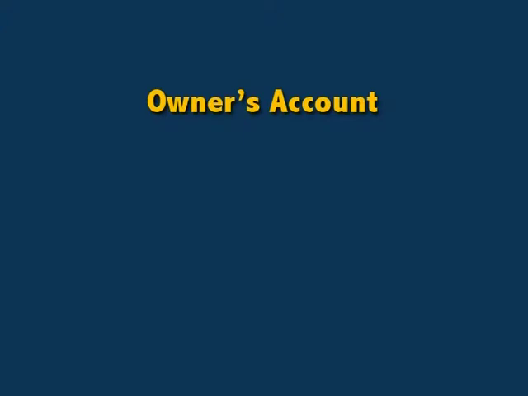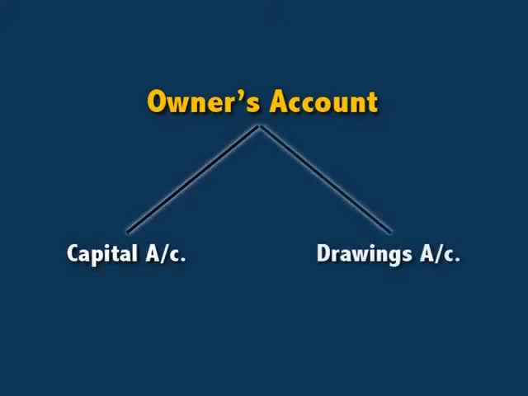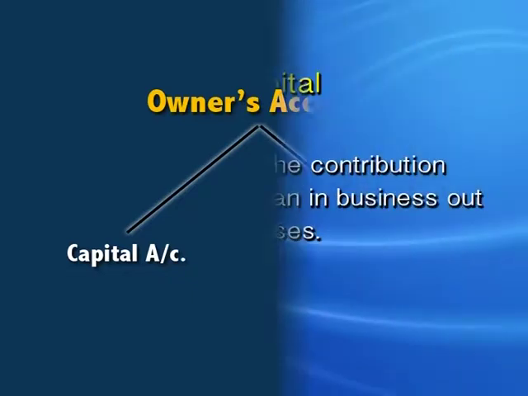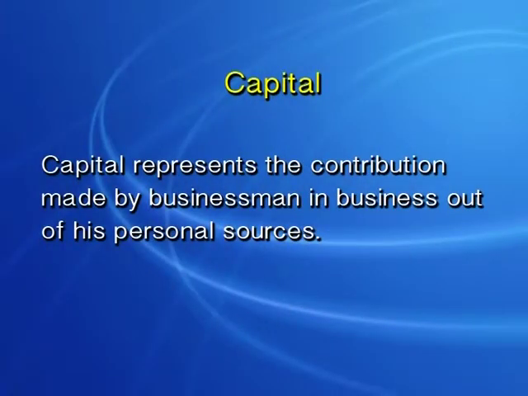Based on this relationship, the account of the owner or businessman is divided in two subcategories, that is capital account and drawings account. Capital account is about the capital contribution made by businessman in business out of his personal sources. Whenever a person starts a business, he invests some money from his own sources.